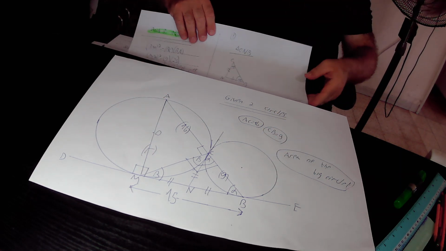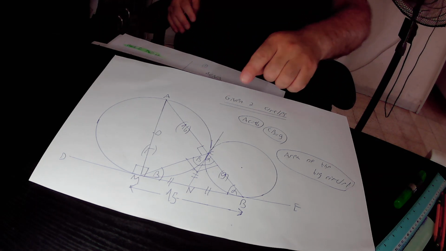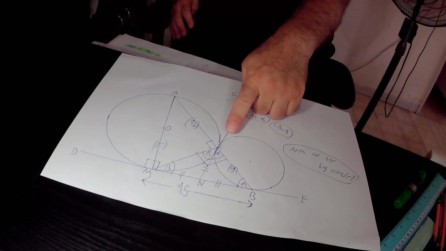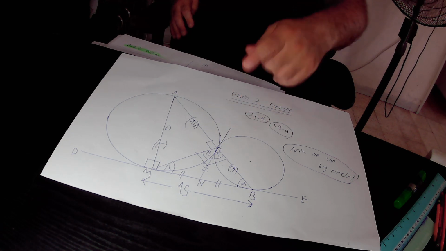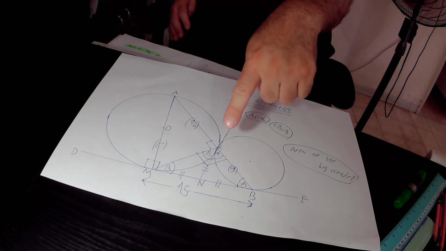Okay. In the next step, we did a construction. From the point of tangency, point C, that is to say, those two circles are tangent to each other at point C, they touch each other at point C. So we actually draw tangent CN.